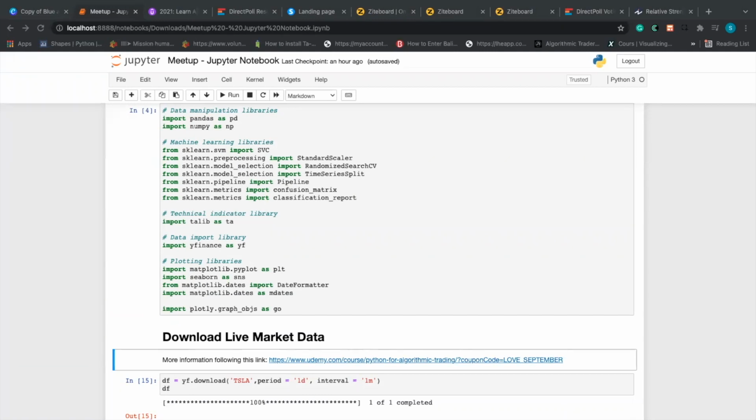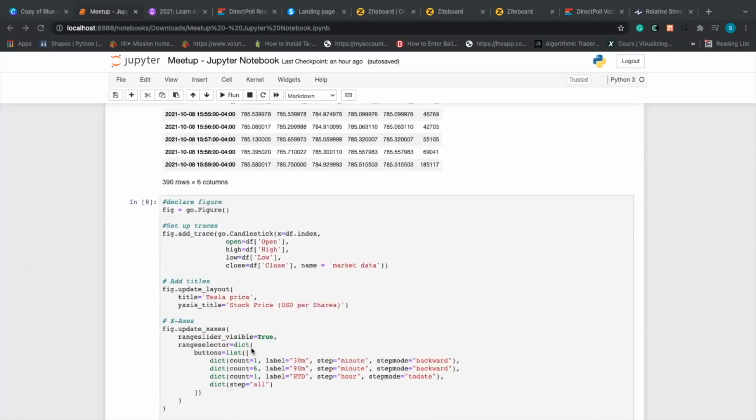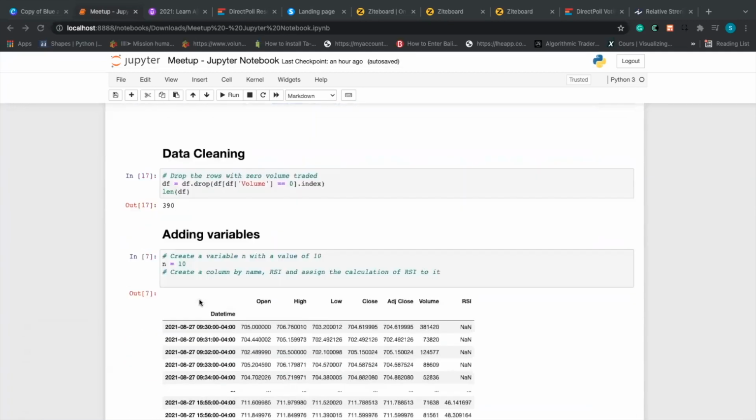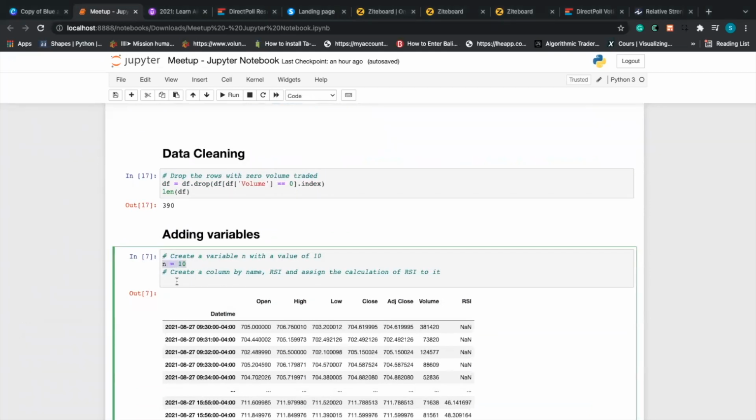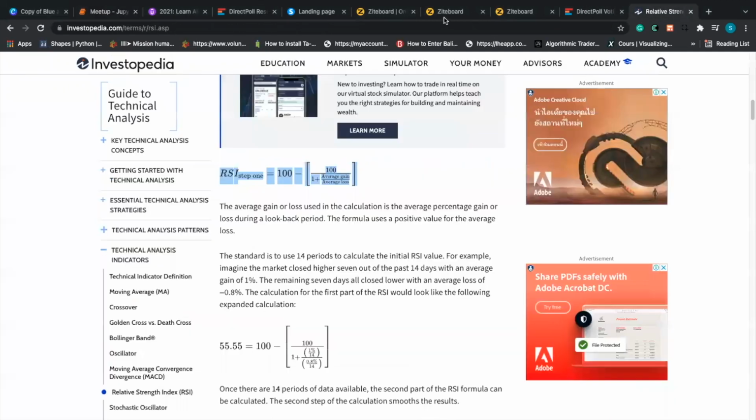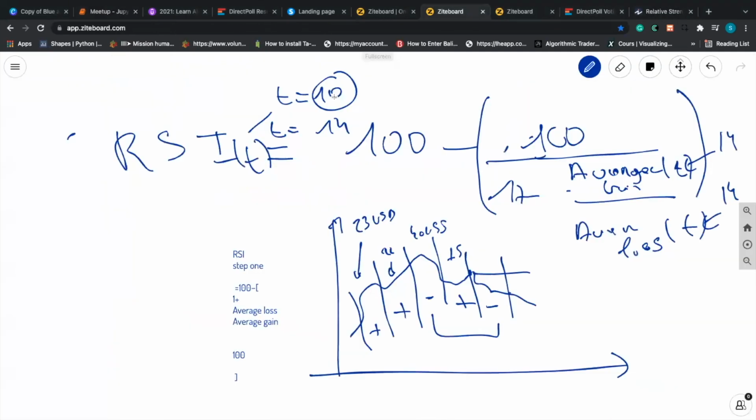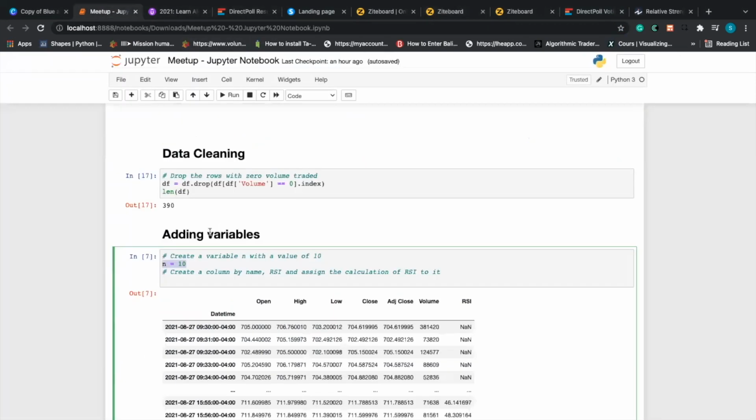And how are we going to define it? We are going to use the Talib library in order to get our RSI value. Here I set up a value of 10 periods, which means n here corresponds to the t within the equation. Here t equals 10. We can just call it t so you don't get confused.